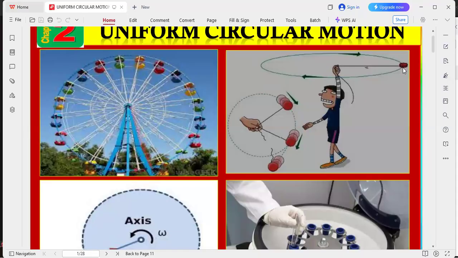is negligible to the tension force in the string because it's pointing downwards. But the tension is towards the center. Therefore, we don't involve acceleration due to gravity when we are whirling in a horizontal circle like this one.